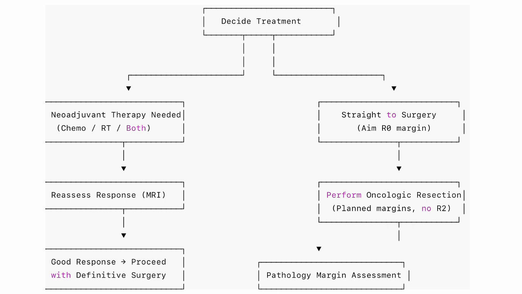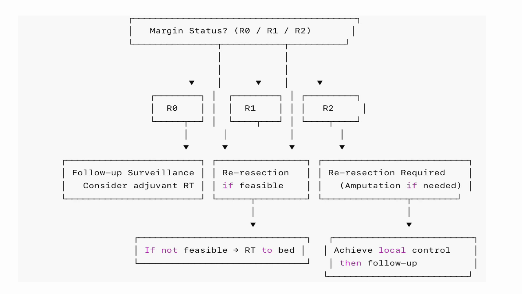If we go to surgery directly, we should aim for R0 resection and perform the oncologic resection with limb salvage procedures as much as possible. So after the pathological sample, if we get R0, follow-up only is considerable. If it is R1, then in case of soft tissue sarcomas, re-resection is always feasible.